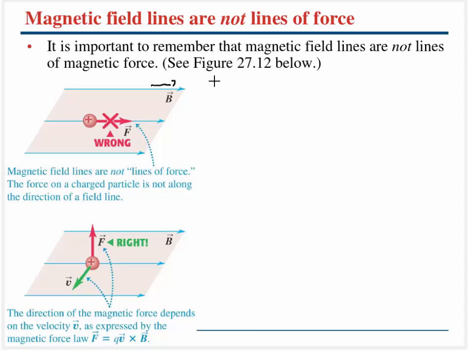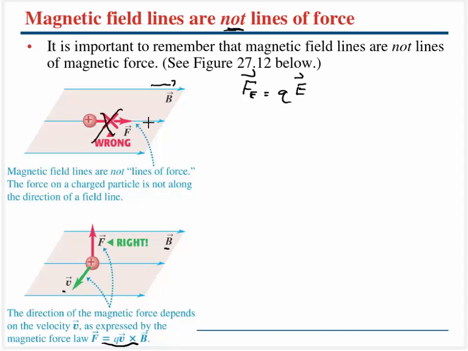One thing that I've already mentioned but is worth mentioning again is that these blue lines right there are not lines of force. If you remember with electric fields, we said the electric force was going to be equal to the charge multiplied by the electric field, in the same direction. Keep in mind that with the magnetic field, the force is going to be a cross product. It's going to be perpendicular to both the magnetic field as well as the velocity.